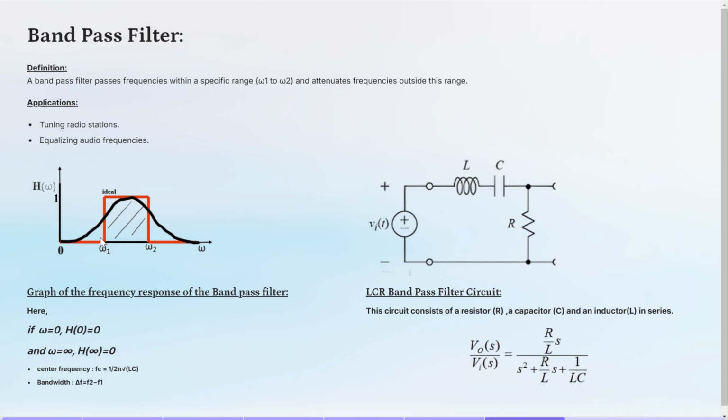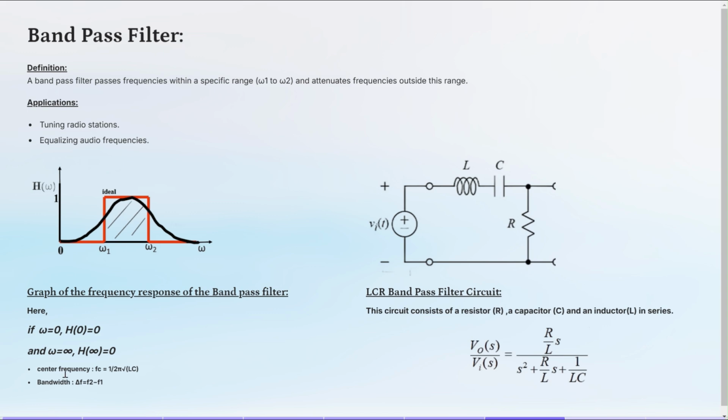And here the frequency response graph of the band pass filter is given, where at omega equal to 0, H is equal to 0, that means no gain at DC, and at omega equal to infinity, H is equal to 0, so it means no gain at high frequency.